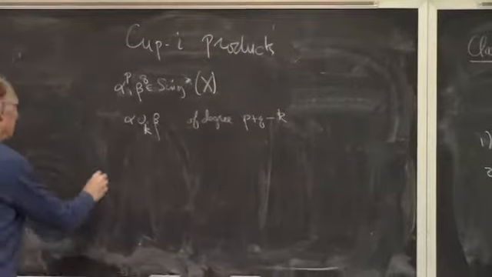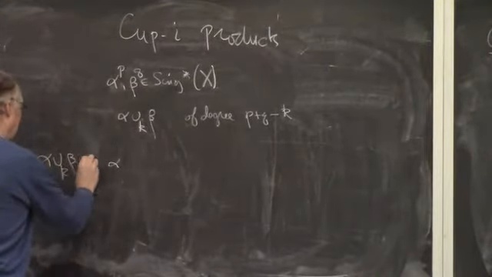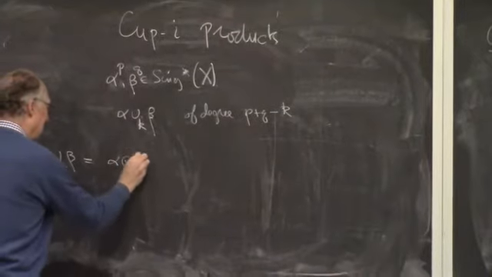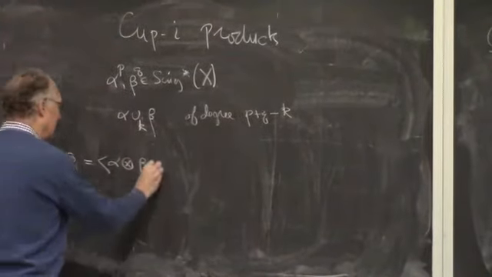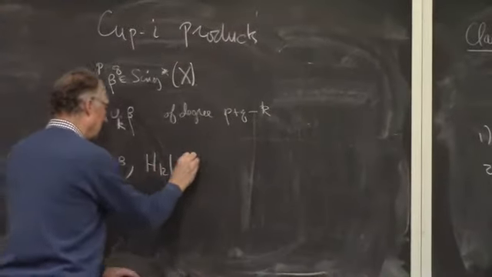And what you do is, by definition, it's alpha tensor beta in the tensor product, evaluated on HK of sigma.